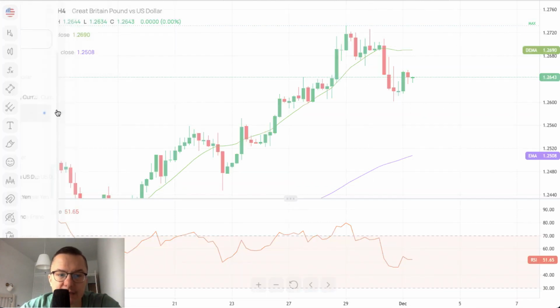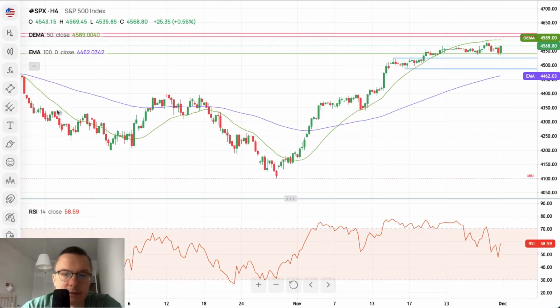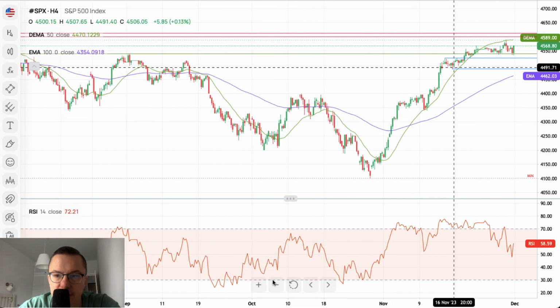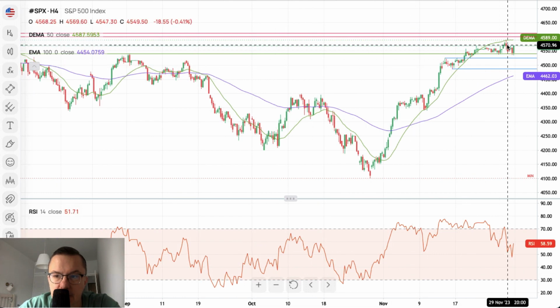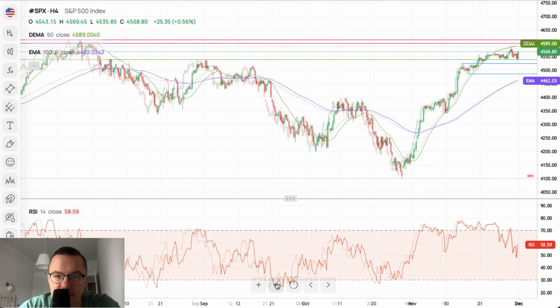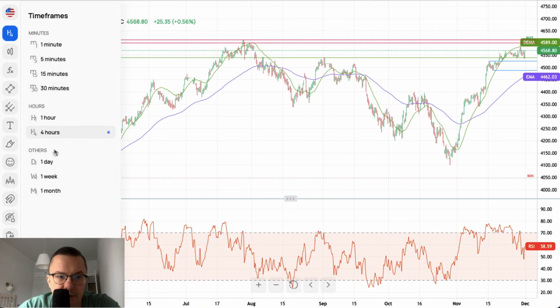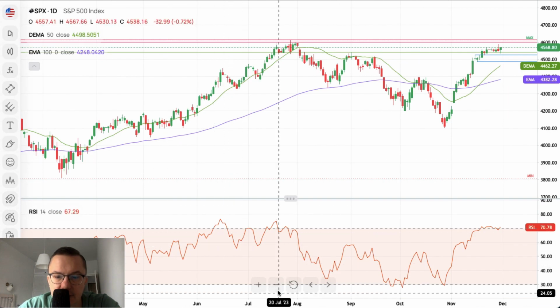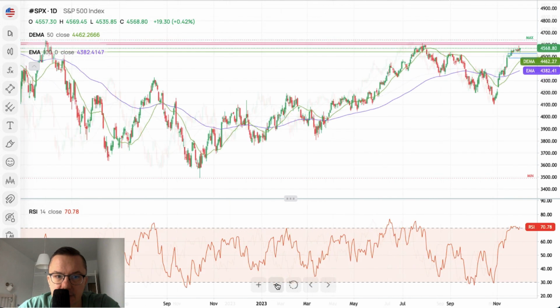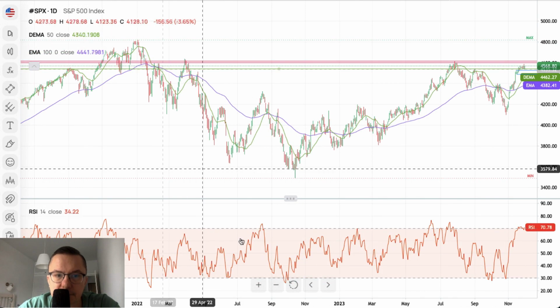Let's take a look at what S&P 500 is doing. As you can see, S&P 500 just went higher out of the consolidation, made a local high at 4,588. If we zoom out, let me go to the daily, you can see that this level here is very close to the yearly high.